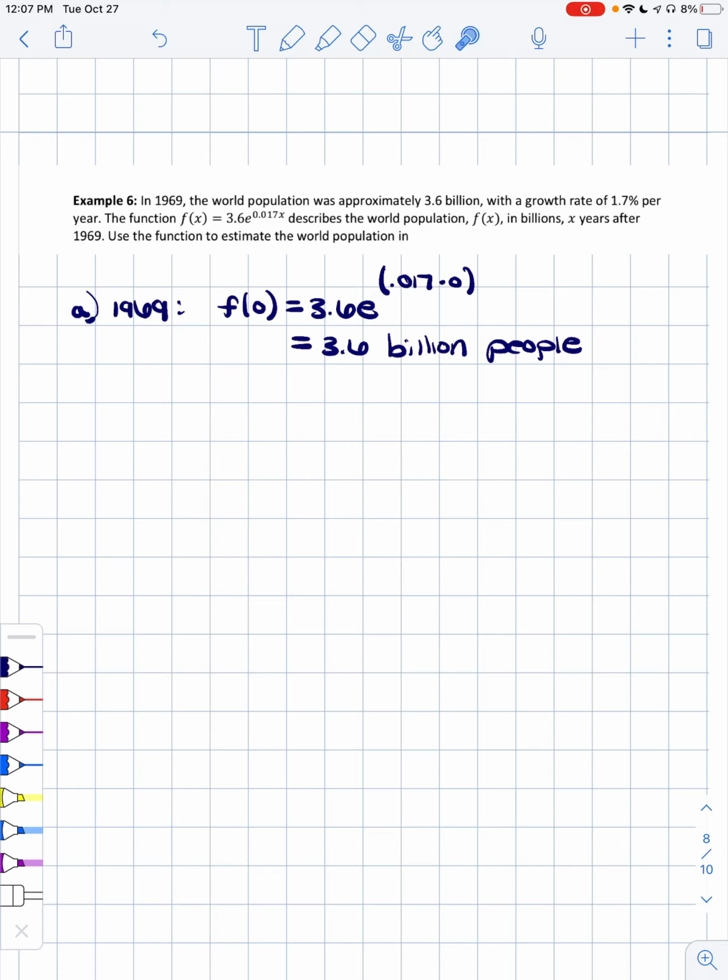Now, of course, that's good that that tells us that, because that's what it's supposed to be. That's what we were told to begin with. All right, let's do one more year. Let's say we want to know in the year 2000. Okay, so step one is to figure out what our x value is. Okay, so x is years after 1969.